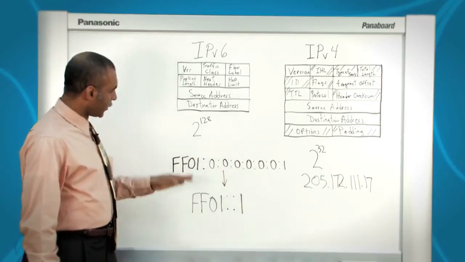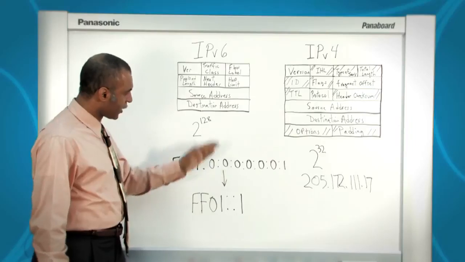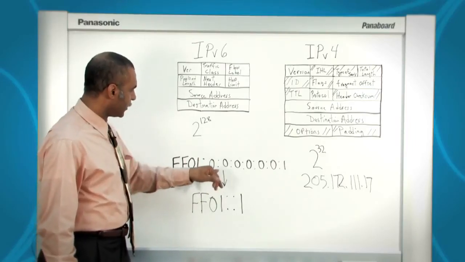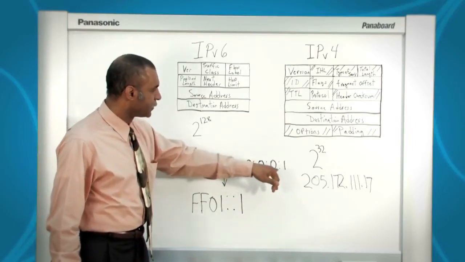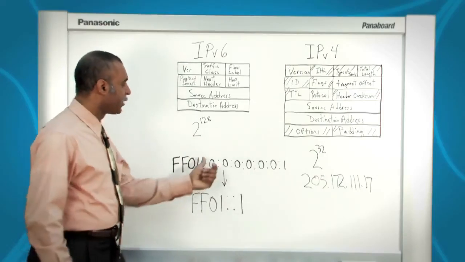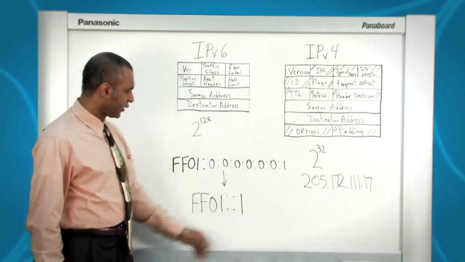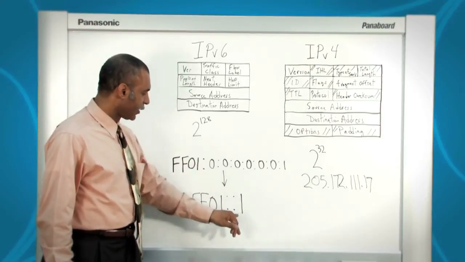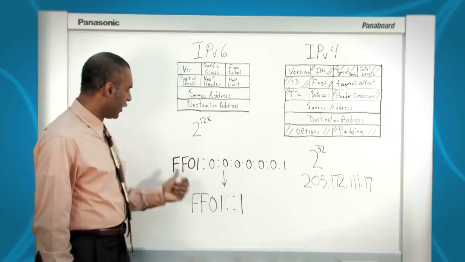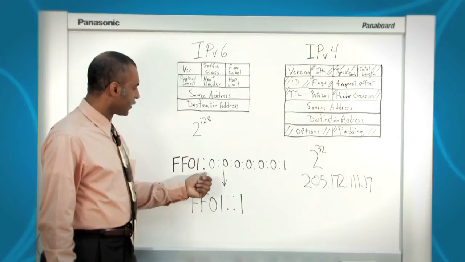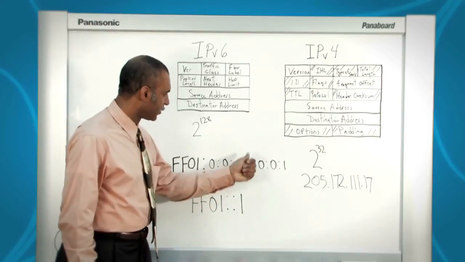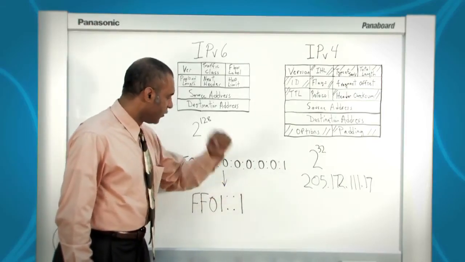I want to show you how, with these colons, if it's a leading 0 or a 000, you can remove those and make it a little easier to see and understand. They can be replaced with the double colon. So FF01, colon 0, colon 0, colon 0, colon 0, colon 0, to 1.